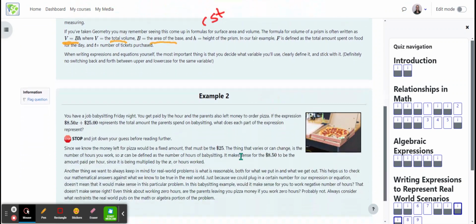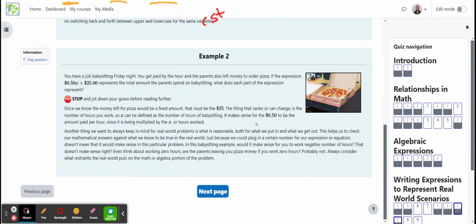All right, if we move on to example 2, we've got a job babysitting Friday night, and you get paid by the hour, and the parents also left money to order pizza. If your expression is 8.50x plus 25, we've got this term and my second term. What do we think that x would stand for?